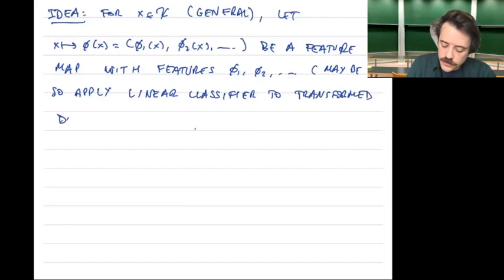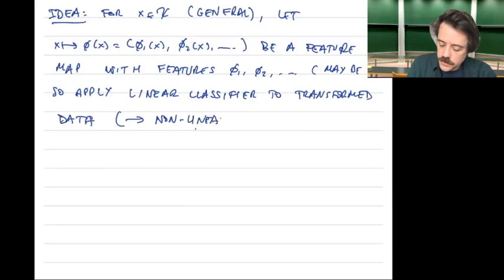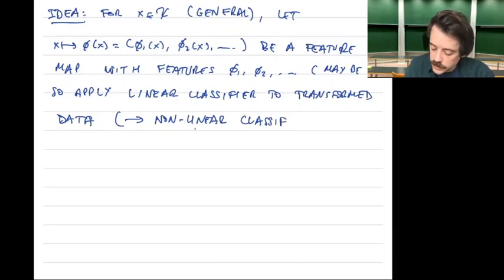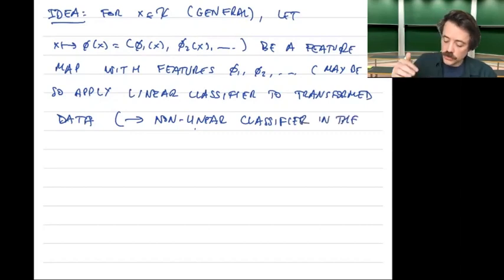This, of course, gives us a nonlinear classifier. Well, it will generally give us a nonlinear classifier in the sample space, so in the original sample space.